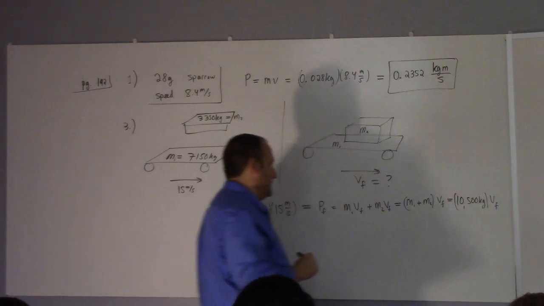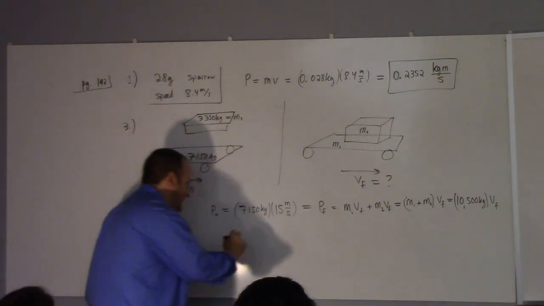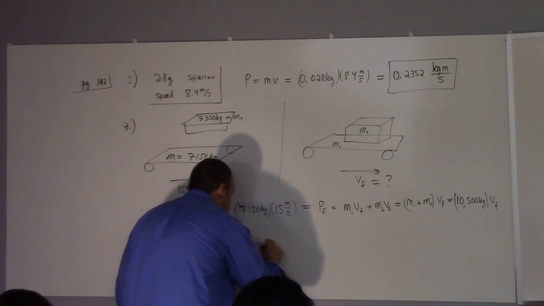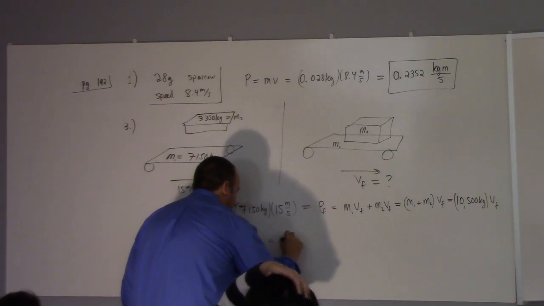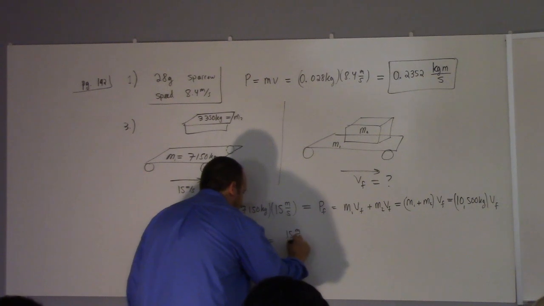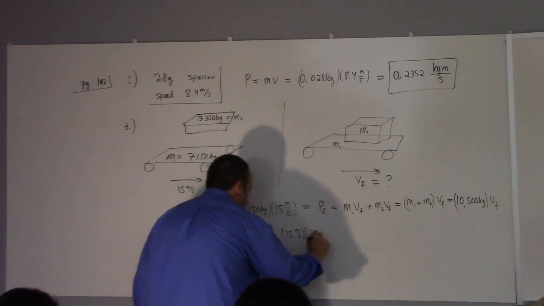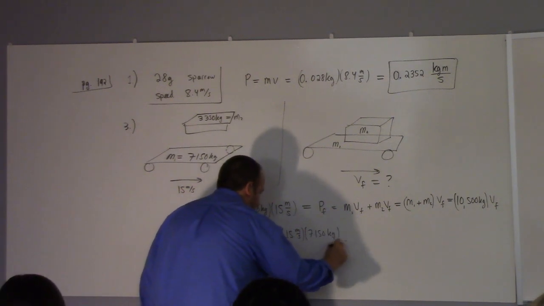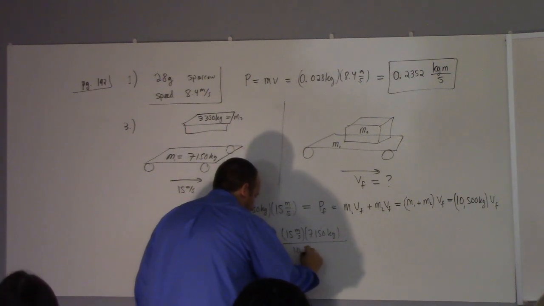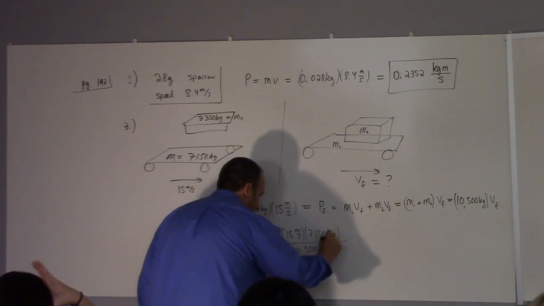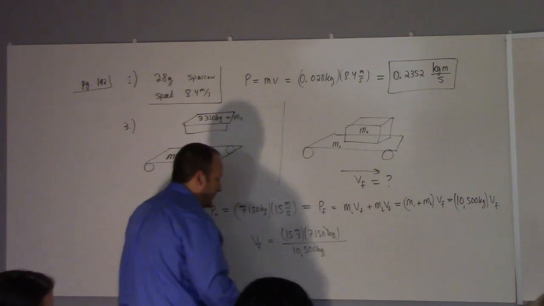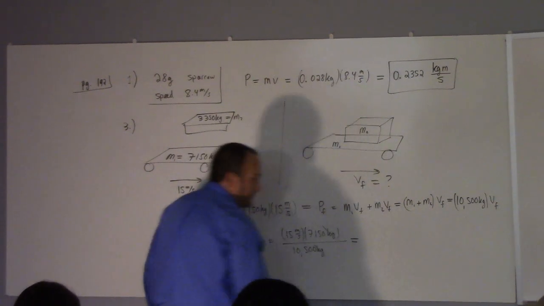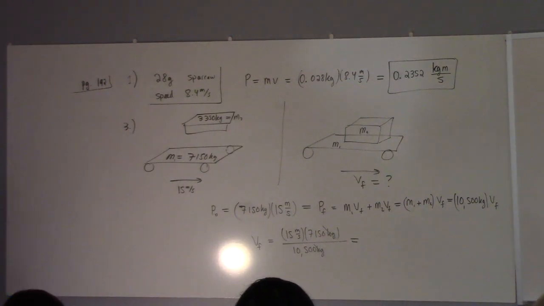And then as usual, we do algebra, and we find that vf is equal to 15 meters per second times 7,150 kilograms divided by 10,500 kilograms. The kilograms cancel, leaving us meters per second, which is good, because we're trying to find a velocity, right?